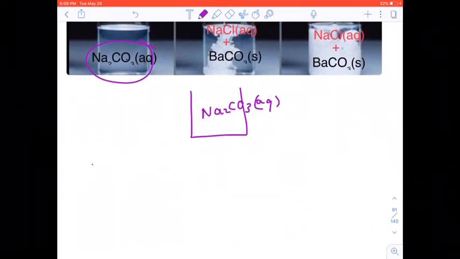So we say, okay, barium chloride, BaCl2, aqueous, plus Na2CO3 aqueous, right?